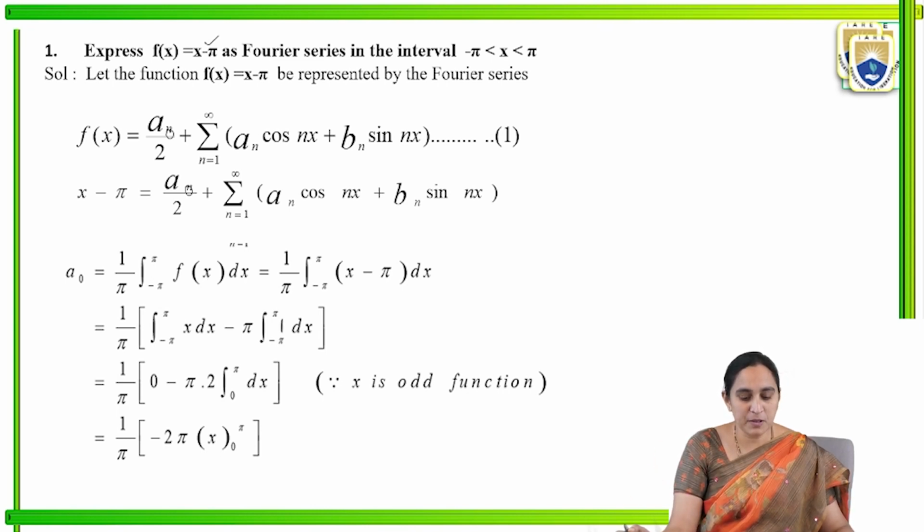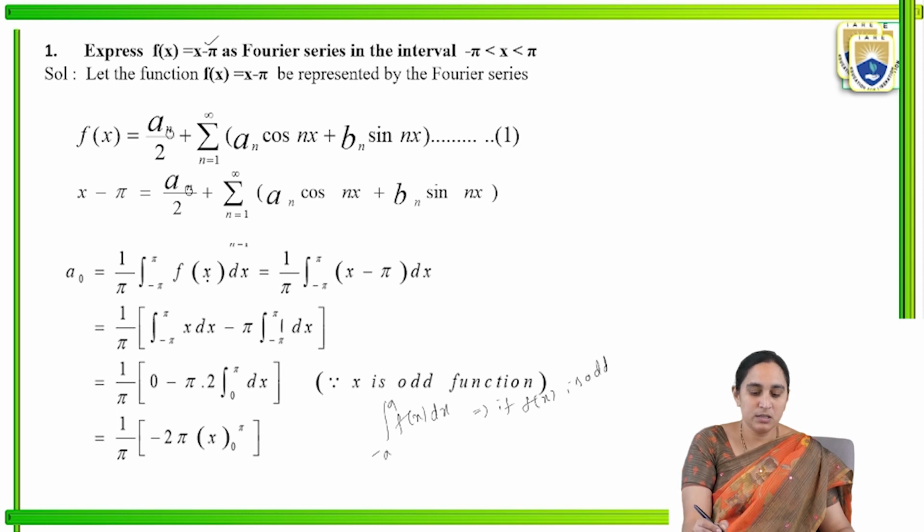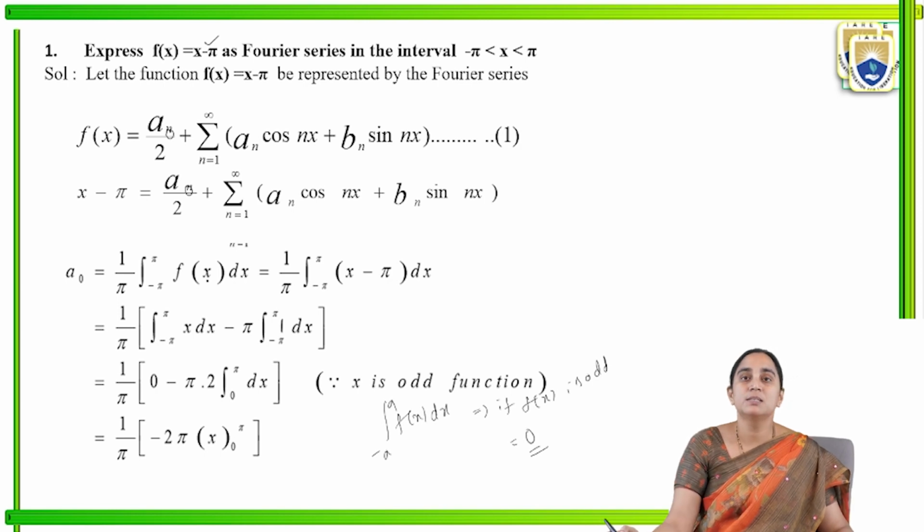From that, 1 by pi into, here x, generally we know that within the interval minus pi comma pi, x is an odd function. If the limits are minus a to a f of x dx, and f of x is odd, then directly the value is equal to 0.